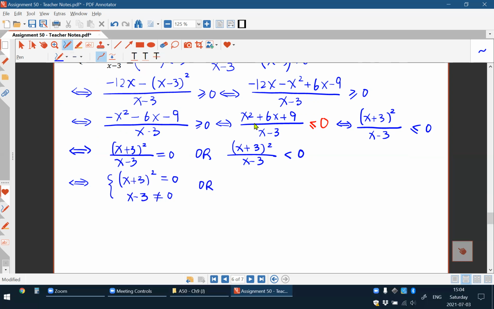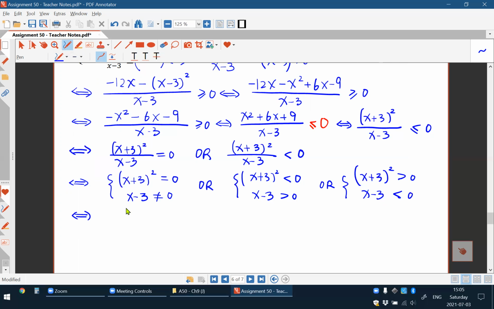Or if you have a ratio that is smaller than 0, that means the signs of the numerator and denominator should be different. So you could either have a negative numerator and positive denominator, or a positive numerator and a negative denominator, right?